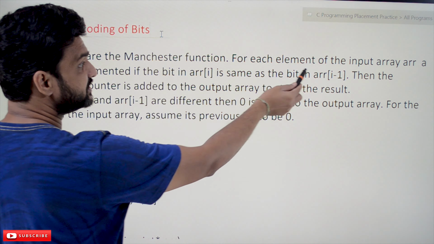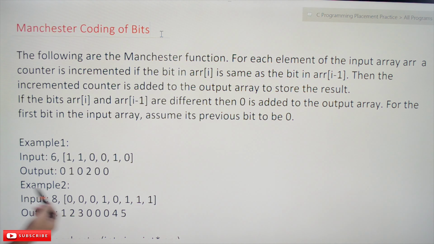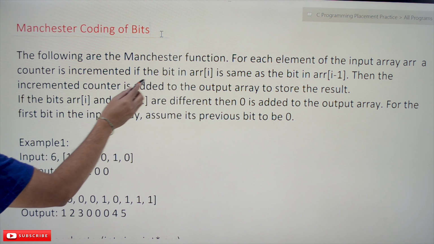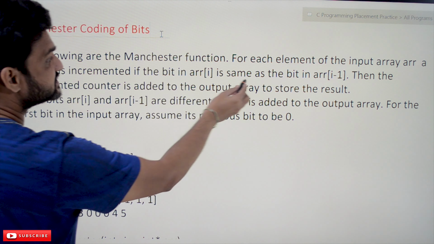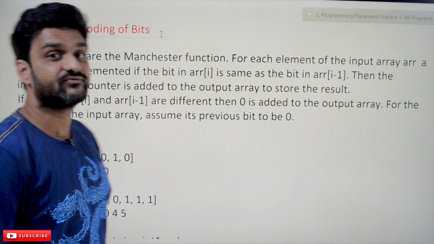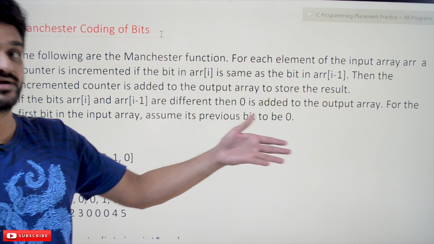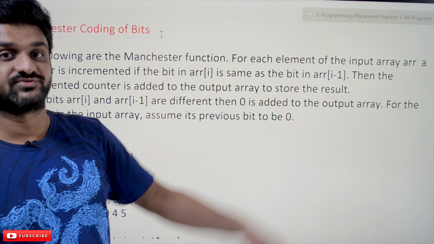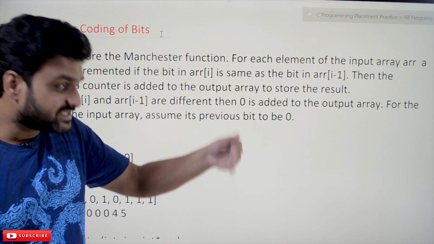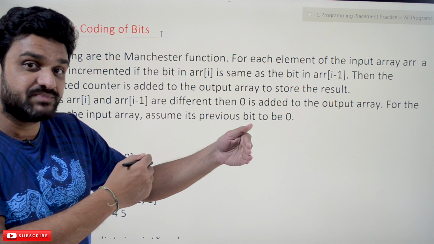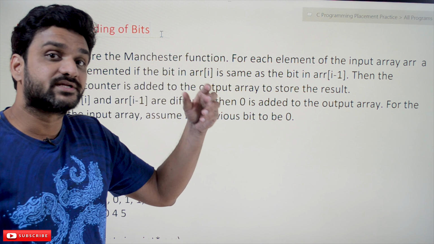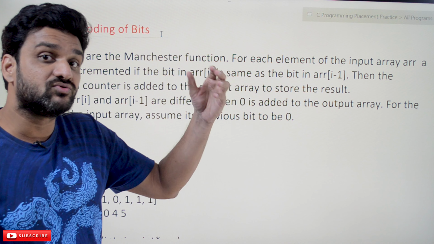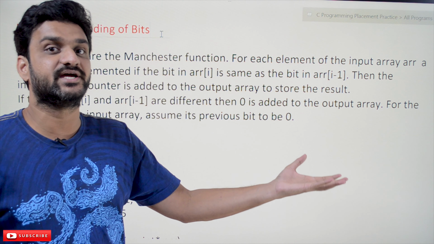For each element of the input array ARR, the counter is incremented if the bit in ARR of I is the same as the bit in ARR of I minus 1. So for the existing bit, if the previous bit is the same, the counter variable has to be incremented.